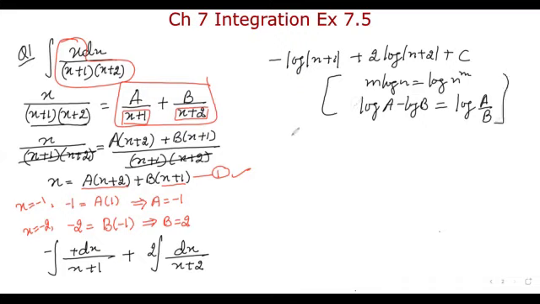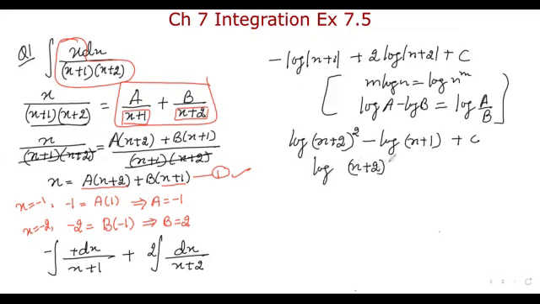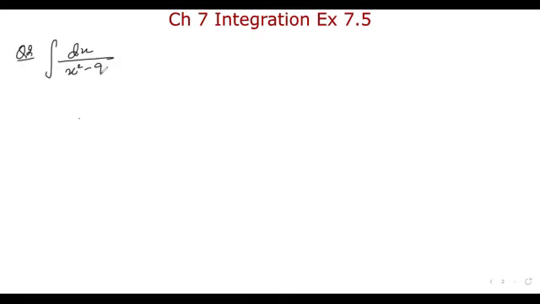So it will be log x plus 2 whole square minus log x plus 1 plus c. So this will be log x plus 2 whole square upon x plus 1 plus c. That is our answer for this question.